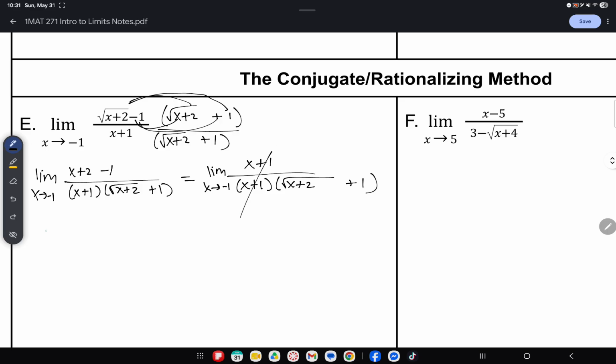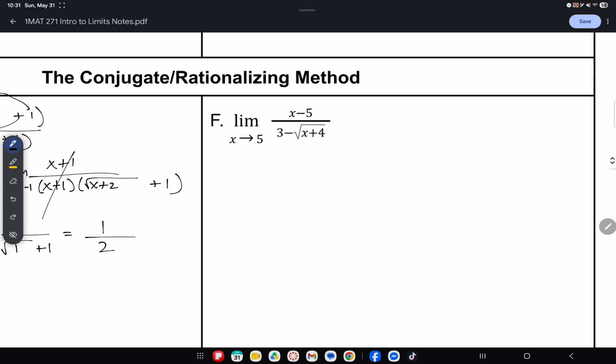Those factors cancel out like I wanted them to. So the limit as x goes to negative 1 of 1 over the square root of x plus 2 plus 1. Now I can do a direct substitution and it should work. So 1 over, negative 1 plus 2 is 1, so the square root of 1 is 1, 1 plus 1 is 2. So I've got a limit of 1/2.